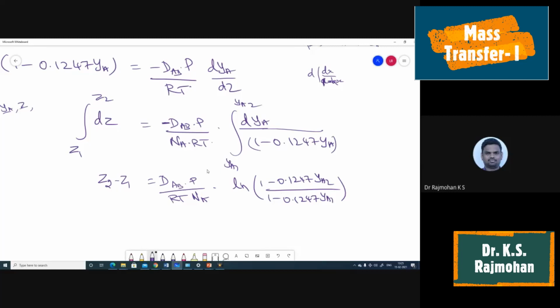So minus into minus, plus also will happen. If you take this minus and the integration minus, you will get plus 1 by 0.1247.